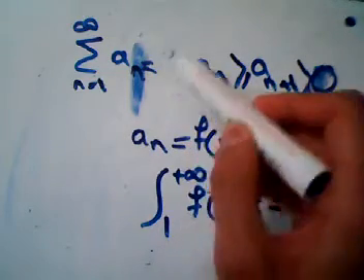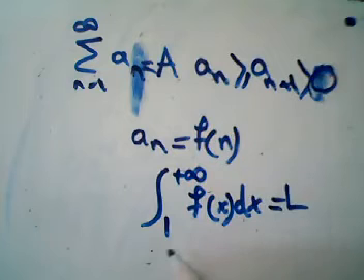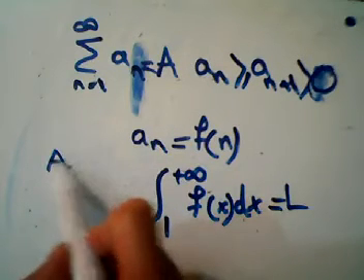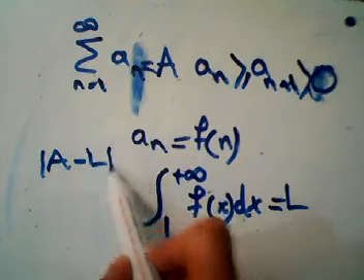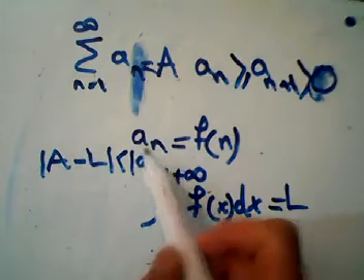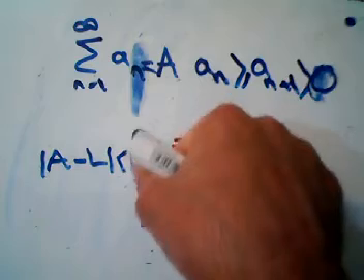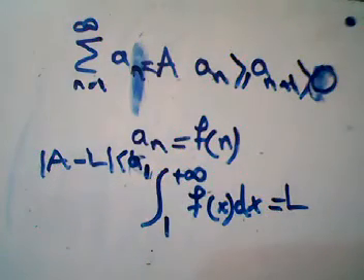Let's call the series value big A. The theorem says that the absolute value of A minus L is smaller than a_1. The a_n are positive, so a_1. Okay, now let's do an example.